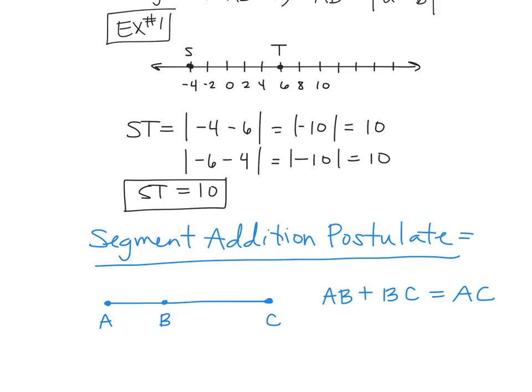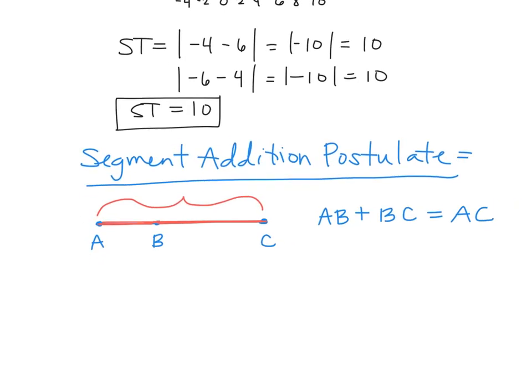So if I take this piece AB and add it to BC, it's going to equal all of it, okay? Which is something you know already. It's just you've always done it with expressions, not with segments, okay? So it's information that should not be terribly new to you, but now we're going to do it with these segments instead of just an expression.